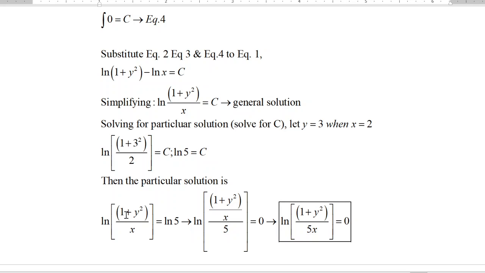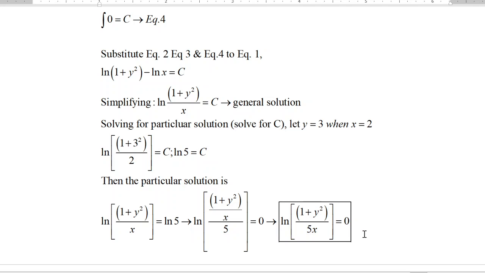So ln, the quantity 1 plus y squared all over x is equal to ln 5. Lipat natin si ln 5 to the left side para maging minus ln 5, kaya etong buong to divided by 5. And simplify, this is ln, the quantity 1 plus y squared all over 5x is equal to 0.